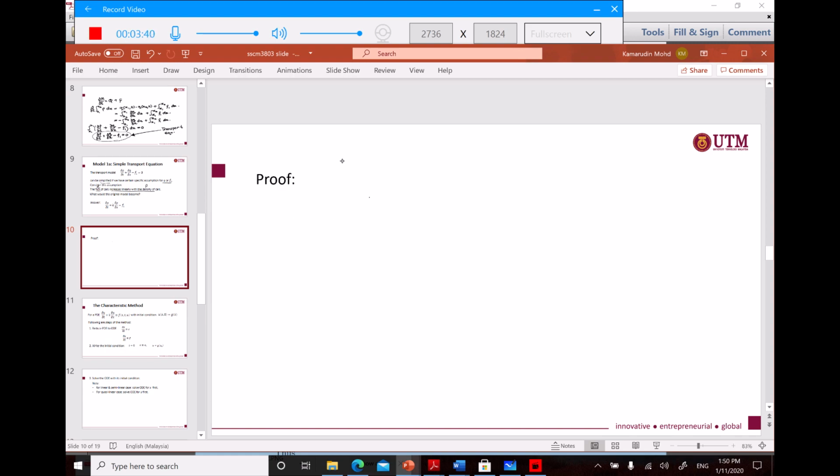So we say that flux increases linearly with the density of cars. Okay, I write in short form. Density is rho.